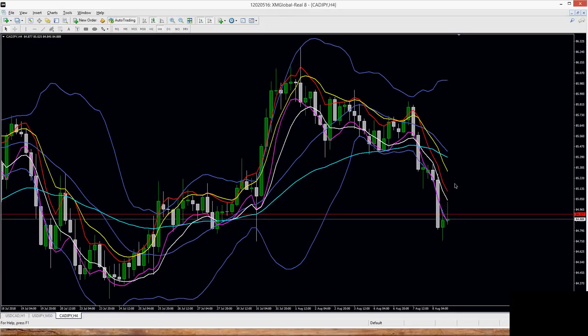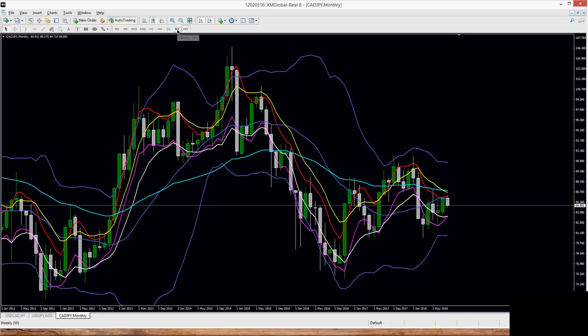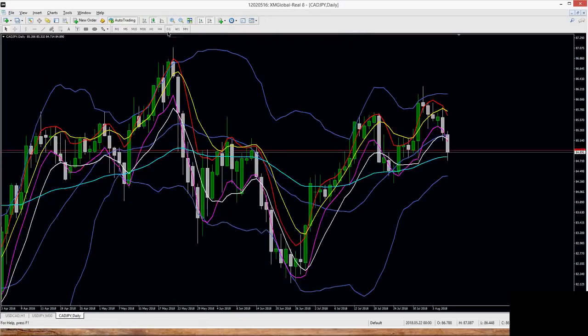On H4, there's a potential confirmation of the market going downwards. So we know for a fact that monthly, weekly, and daily are downtrend, regardless of the daily EMA 50 being below mid BB, because as we can see at the top of daily, we don't have any momentum, so it's MLV.